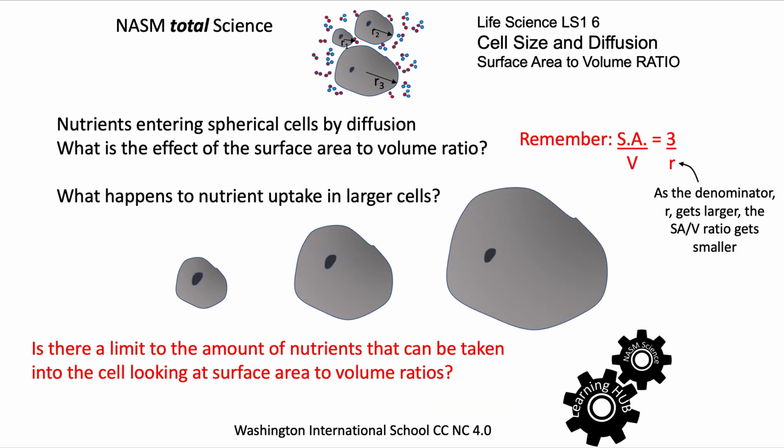And so nutrients are entering the spherical cell by diffusion, and what happens to nutrient uptake in larger cells? Remember the surface area over volume ratio is 3 over r. As the denominator r gets larger, the ratio is actually going to get smaller.